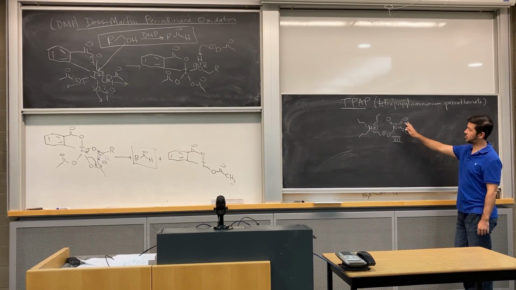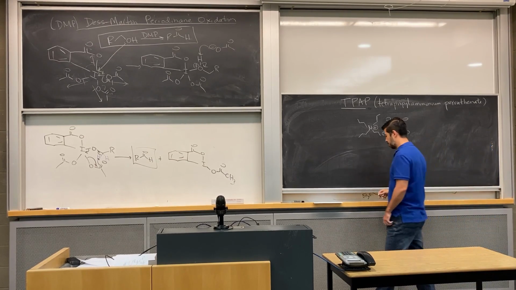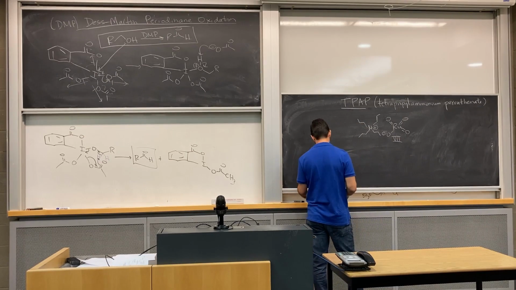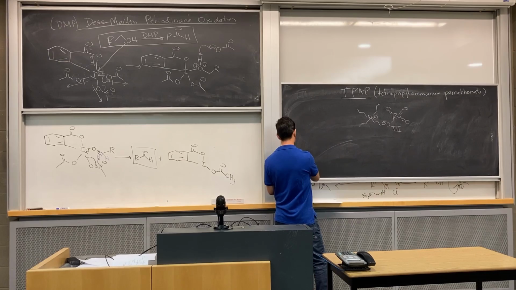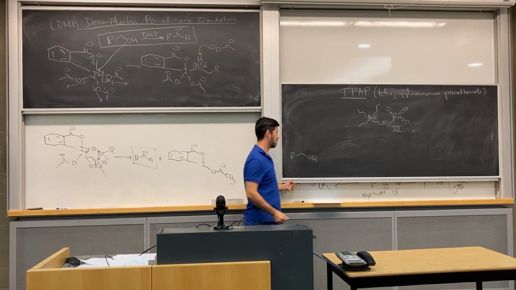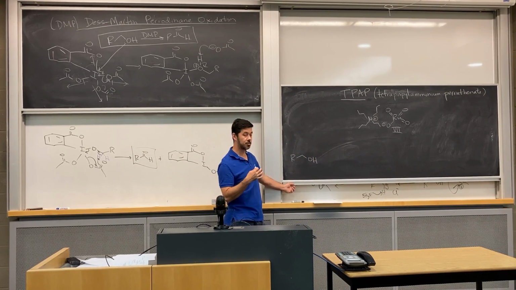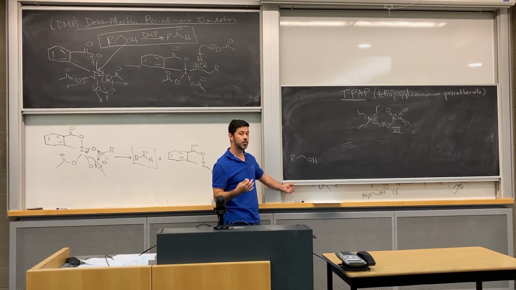So these two together, it's a ruthenium type of metal, and how it's going to work is as follows. Again, you take your alcohol, and it goes all the way to an aldehyde. What you need to use with this is just a catalytic amount of the ruthenium. I'll explain in a second why we use catalytic amounts and how we can regenerate it.